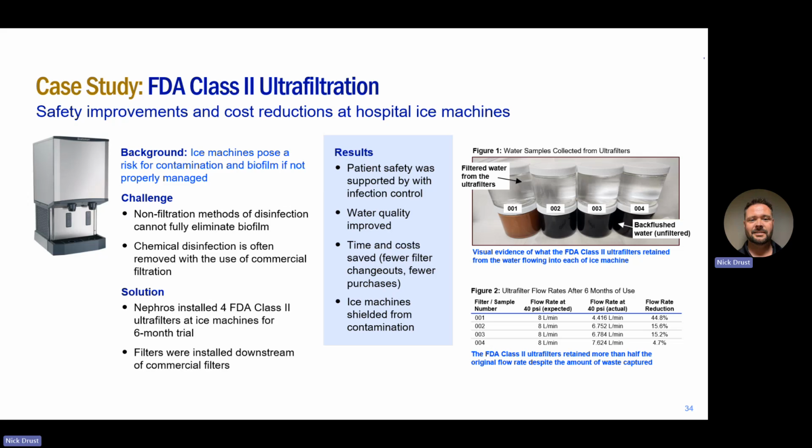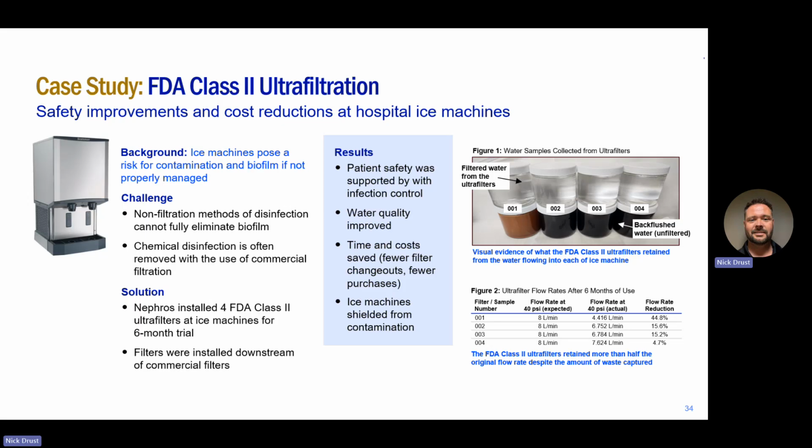One of the most interesting findings was what was physically retained by the ultra filters during operation. The filtered water remained clear, while the material captured and removed from the incoming water became very visible during the evaluation. Another concern people have is, will filtration dramatically reduce flow?